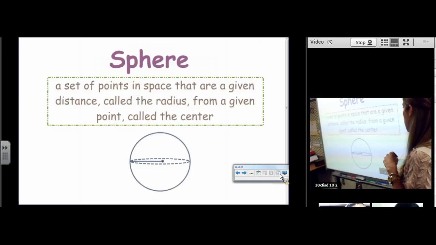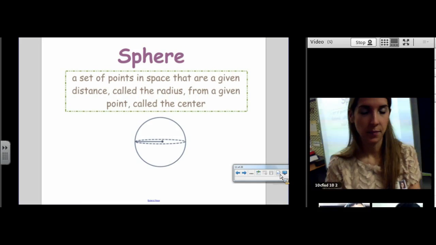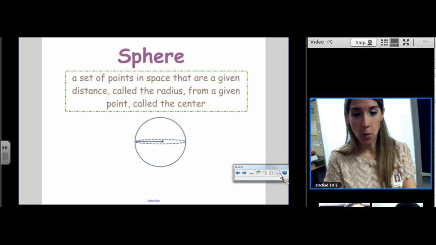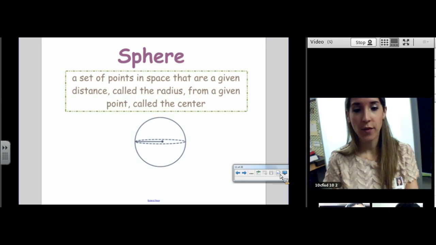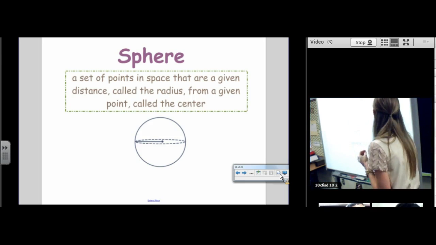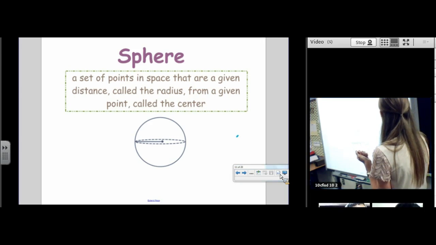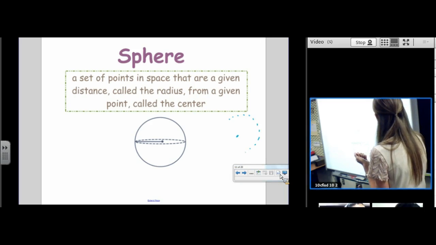Let's talk about what the definition of a sphere is. A sphere is the set of points that are a given distance from a given point. So a circle is also the set of points that are the same distance from a point, except a circle is obviously just 2D.